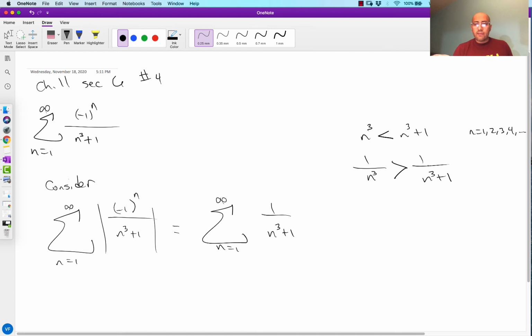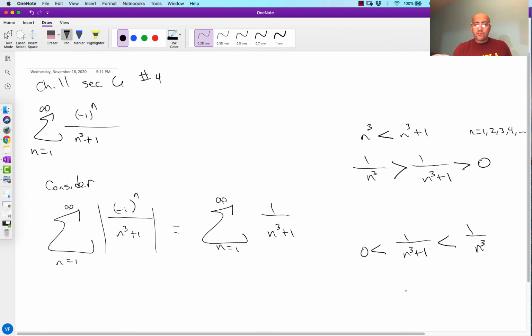If we divide by something that's bigger, you're going to get a fraction that's smaller. And we've noted that these were all positive values, so they're greater than 0. So I'm just going to flip that around and say 0 is less than 1 over n cubed plus 1, less than 1 over n cubed.